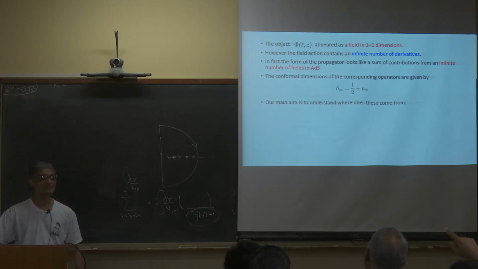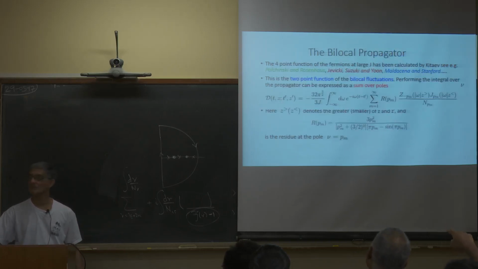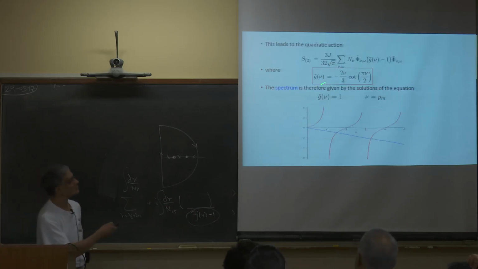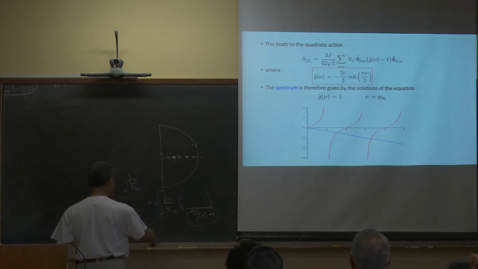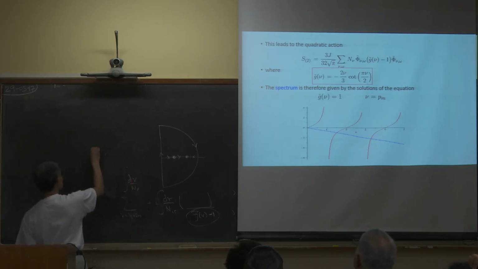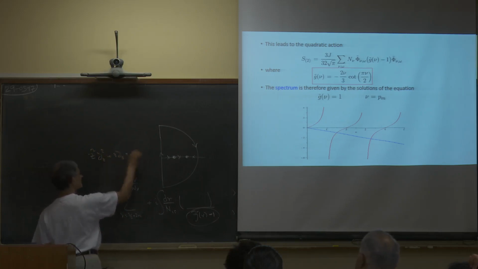In the language of more and more derivatives, is the p_m related to the number of derivatives? The p_m are the zeros of this function, the solutions of this equation. When you write it in terms of nu, nu is an eigenvalue of an operator which is like a Bessel operator plus something.